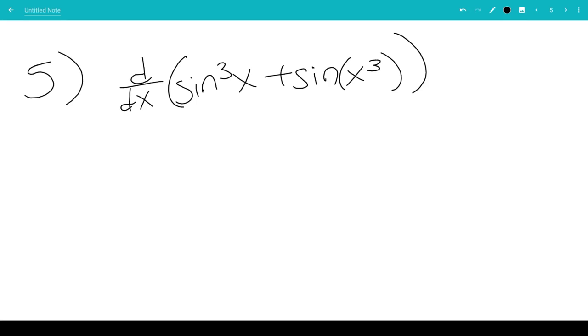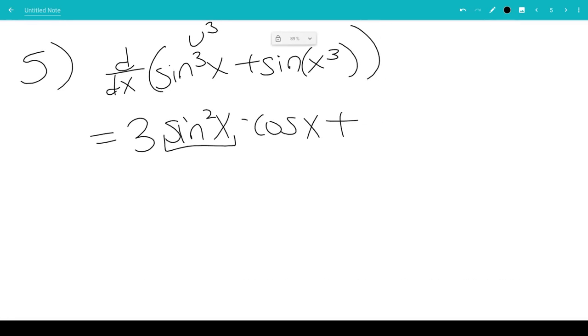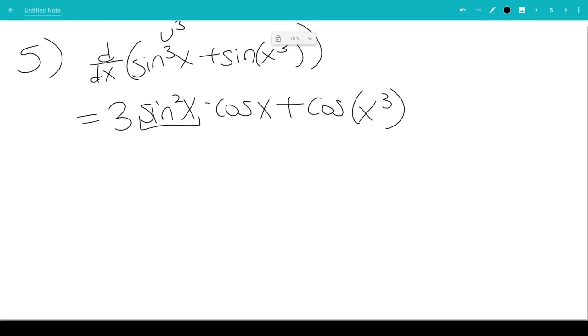Next question. We have the derivative of sine x all cubed plus sine of x cubed. So we're going to look at this as u cubed. And so when we take the derivative, we'll get 3u, which is sine x, squared, times the derivative of the inside function, which is cosine x, plus, now we have to think, the derivative of sine, which is cosine x cubed, times the derivative of the inside function, which is 3x squared.